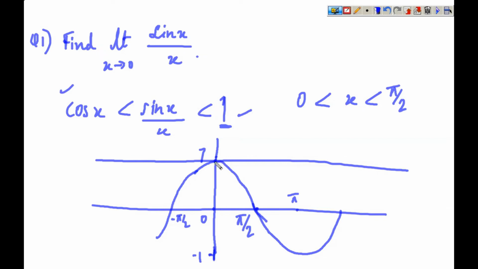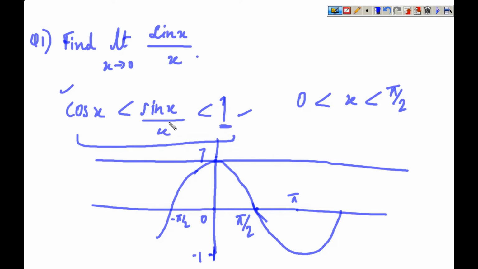At this point when x is approaching 0, we can see that cos 0 is 1, as well as the function 1 is always 1, so it will be here. And due to the inequality that we discussed in the previous video, we can see that the function sin x by x is actually in between cos x and 1.